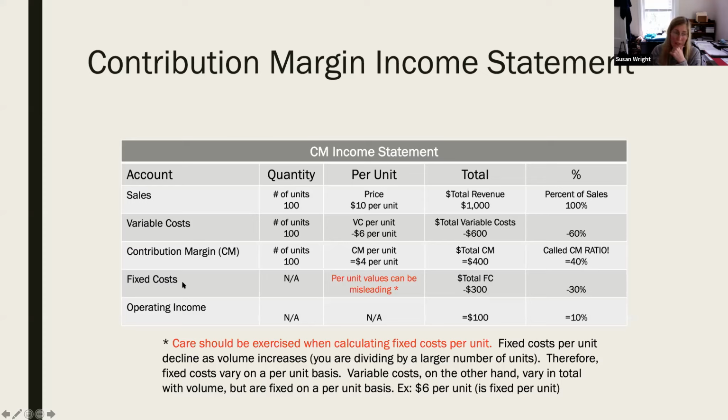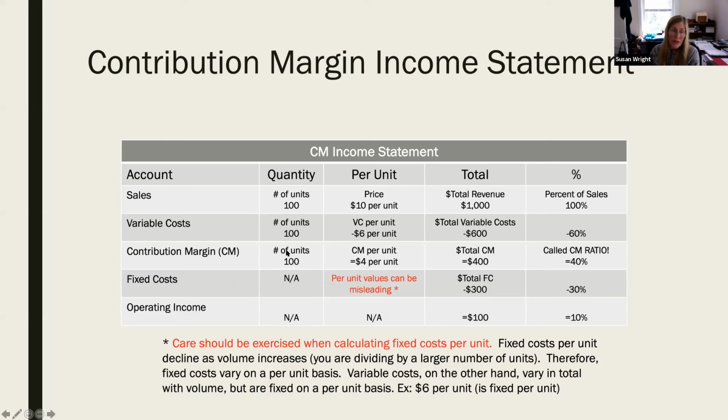All right, now here with fixed costs, we don't generally think about fixed costs in terms of units because they don't change on a unit level basis. I'm going to show you a couple graphs in a second to help you understand what I'm talking about there. So I don't include any per unit values here on purpose because I don't want you to get misled. These are fixed, right, in the short term. These don't change per unit.